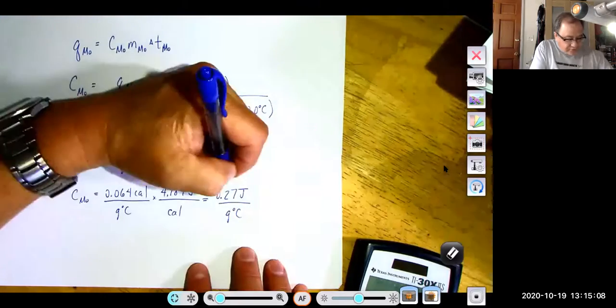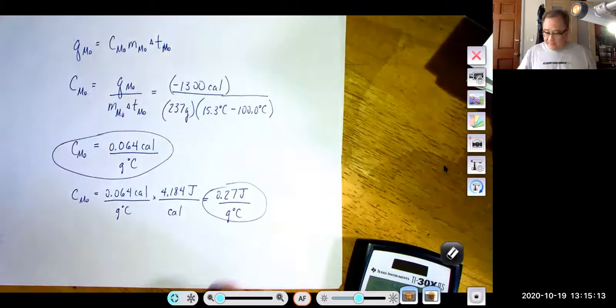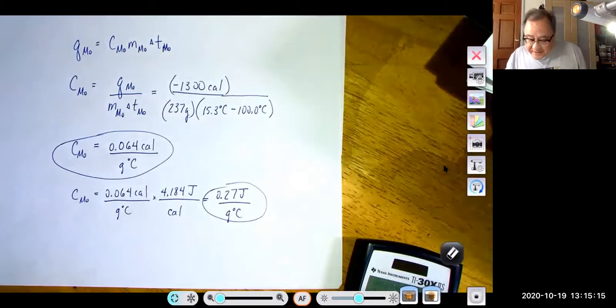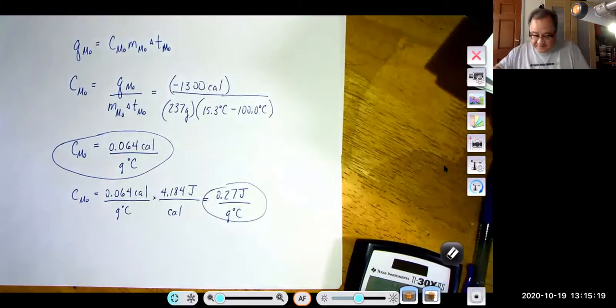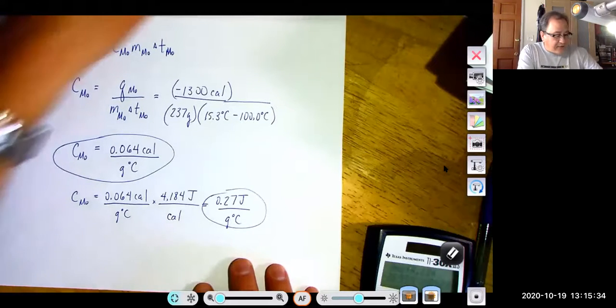So here's the answer in joules per gram degree Celsius. Here's the answer in calories per gram degree Celsius. And let's see. Copper is 0.365. Gold is 0.129. So molybdenum should be in that rough area. So this is believable.